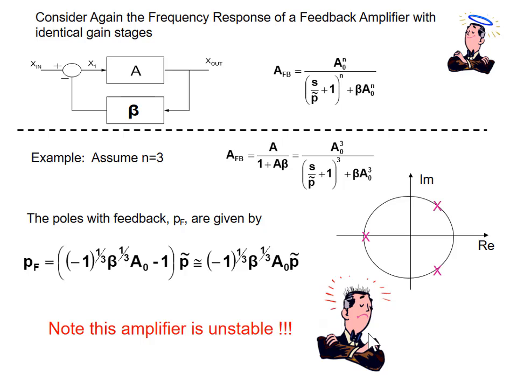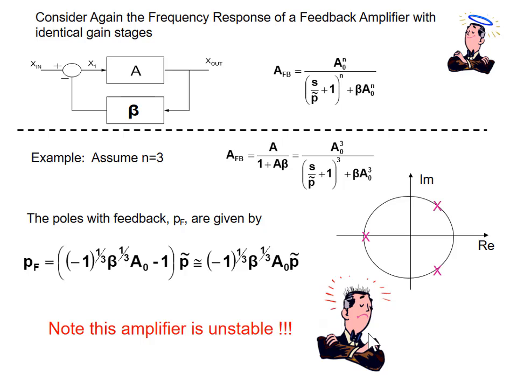Or finally S is equal to P tilde, which is positive, times minus 1 plus or minus 1 to the 1/3 beta to the 1/3 A naught to the 1/3. So I've got a closed form expression for the poles.